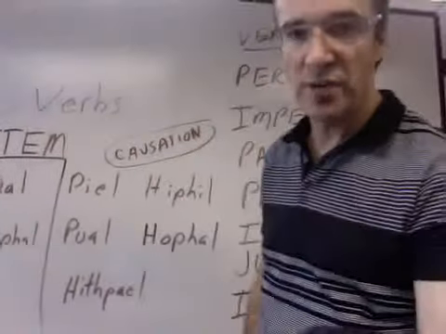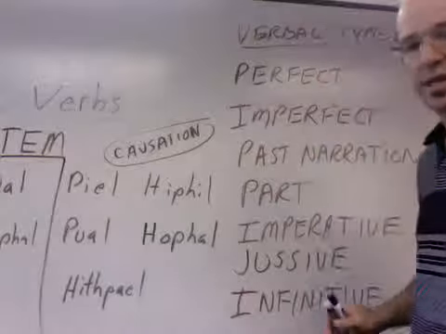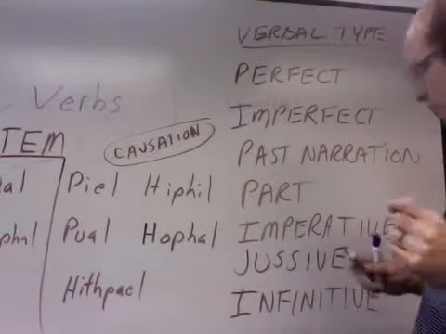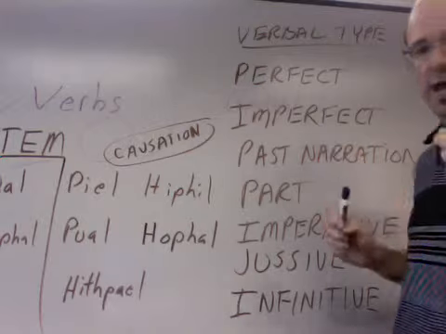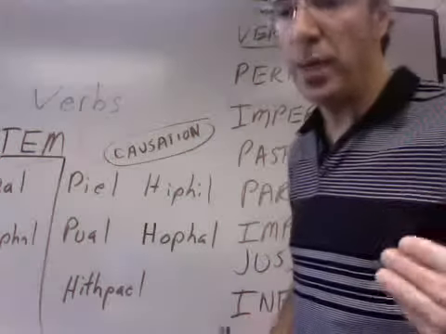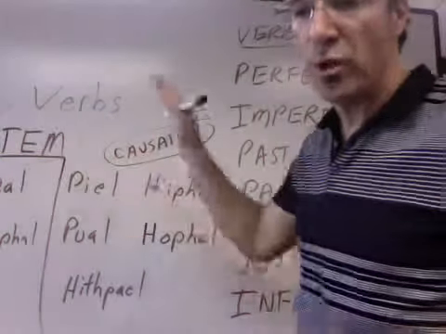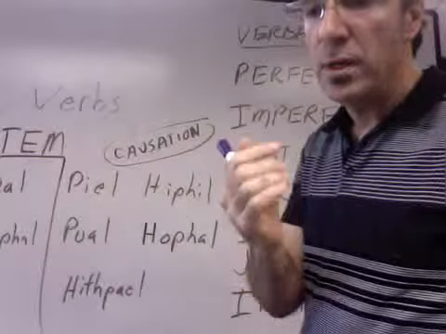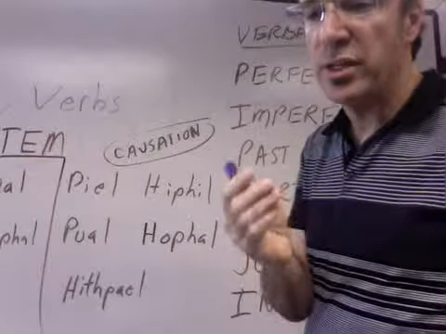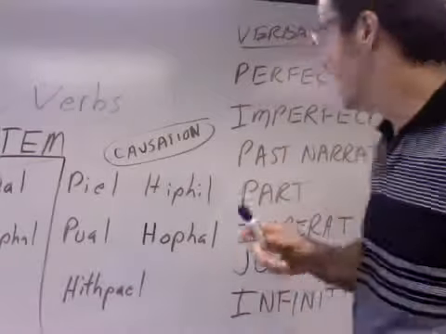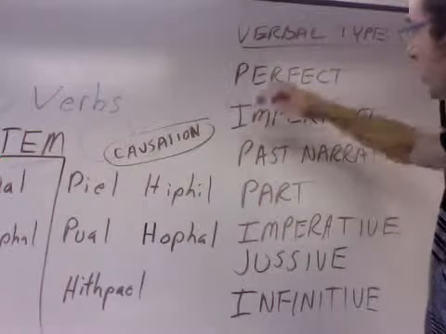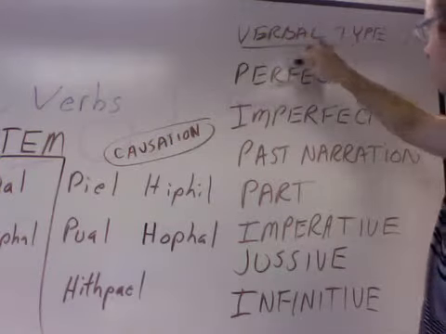Now, the other piece you have to do when you're analyzing a verb is to say something about the verbal type. I've listed the verbal types up here again, and if you have Arnold Choi, open up to 3.1 for the stems. The verbal types are all listed in 3.2, 3.3, 3.4, 3.5. I've included all of those types into verbal type here.